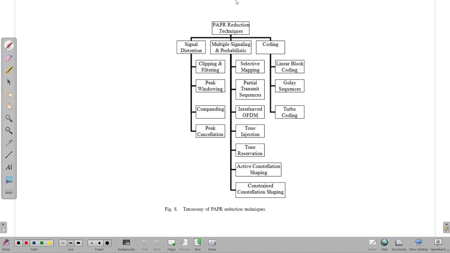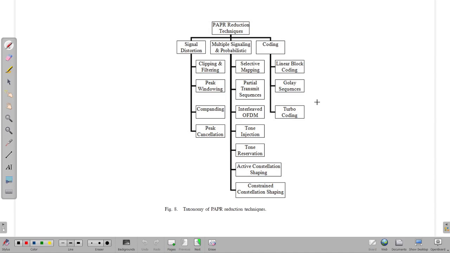In the last class, we learned about selective mapping, partial transmit sequence, and interleaved OFDM. These methods are part of multiple signaling and probabilistic methods, where some sort of permutation happens within the OFDM sequence.